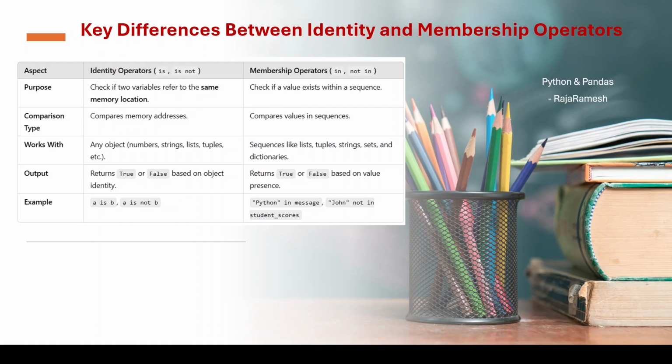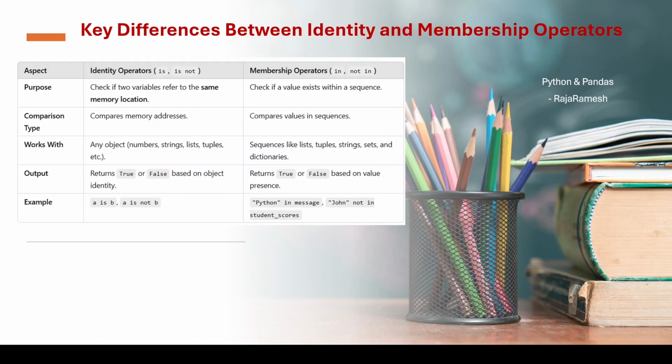Membership operators can be used on any sequence like lists and tuples, and remember strings are also sequences. That's why we are able to use the in operator or not in operator on strings and dictionaries as well. Both return a boolean value: identity operators return True or False based on the object identity, and membership operators return True or False based on whether the value is present in the given sequence or not.